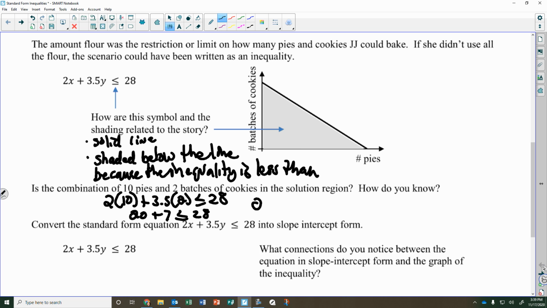So you get 27 is less than or equal to 28. So that is a solution because 27 is less than 28. It'll fit in that region. This statement here is true, so it's a solution. If this statement was not true, if it said 29 is less than or equal to 28, it would not be a solution as a possibility.